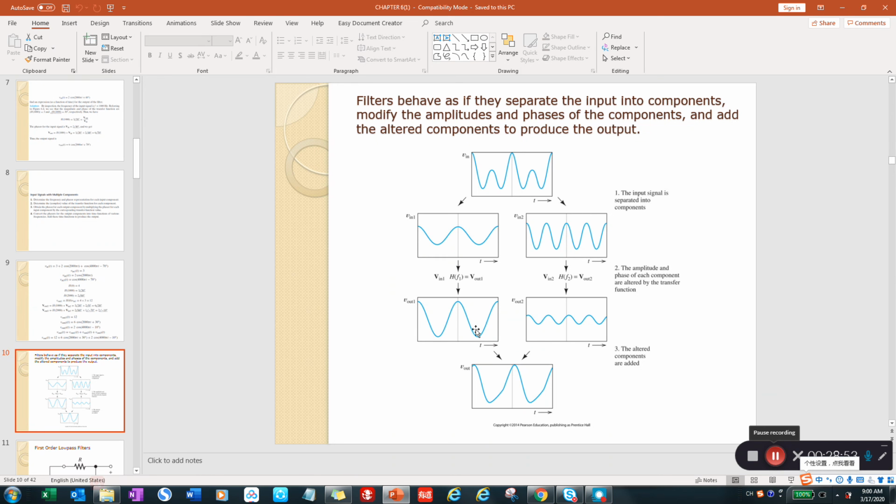Then after the signal passes through the filter, the output will be the summation of output 1 and output 2, so you can see that this will be our final result. We amplified the signal that we want, but we reduced the noises that we don't want, so that we can get the information from our signals.